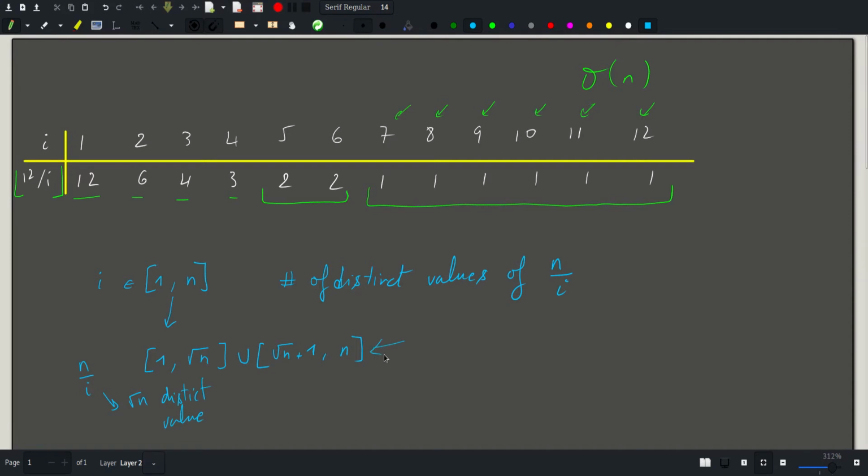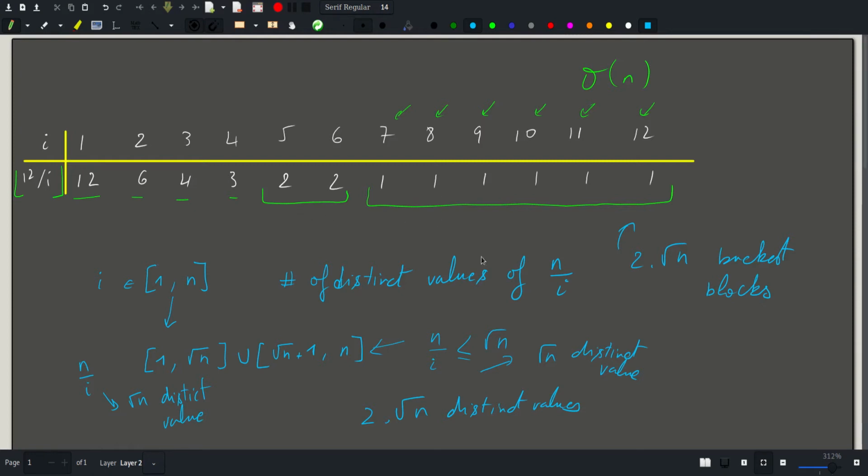And if I belongs to the second interval, then n over I is going to be smaller than or equal to square root of n, because I is larger than square root of n plus 1, and therefore we also only have square root of n distinct values, for a total of 2 times square root of n distinct values. So therefore I'm going to have at most 2 times square root of n buckets here, or as I call them, blocks.